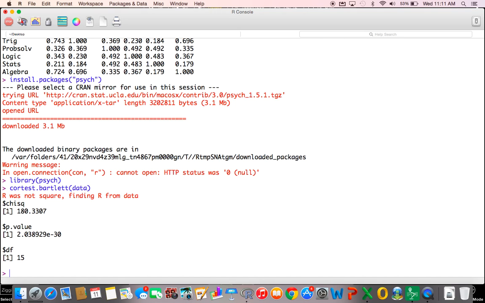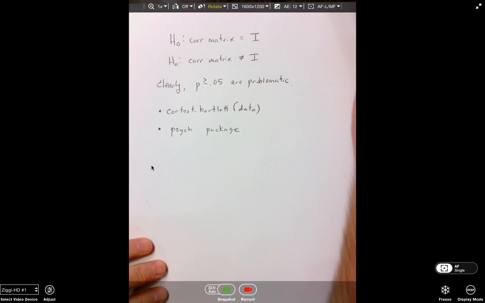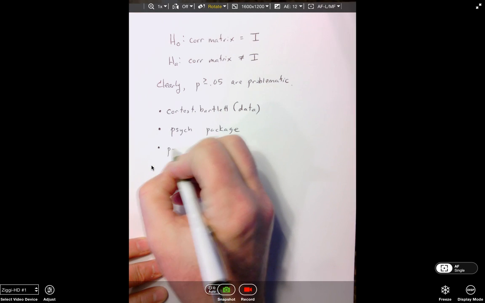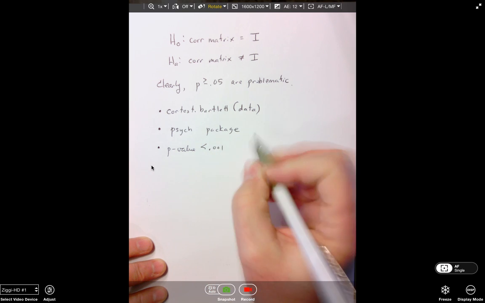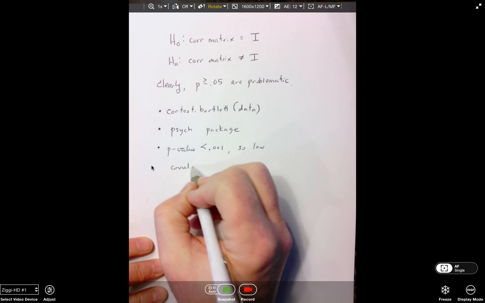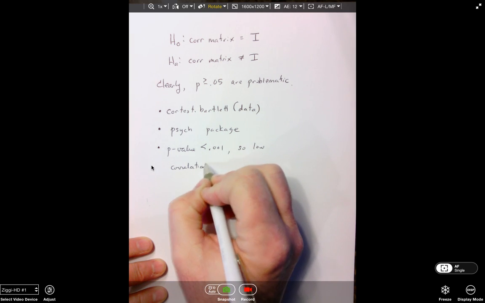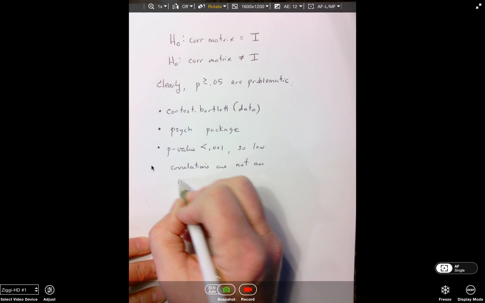And degrees of freedom equal to 15. All right, so we conclude here that our p-value is less than 0.01, so low correlations are not an issue.